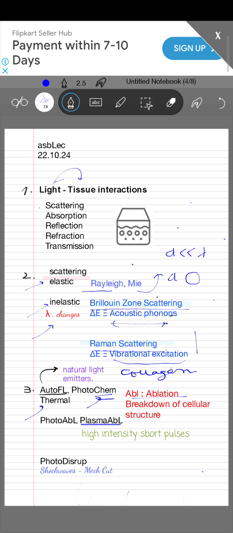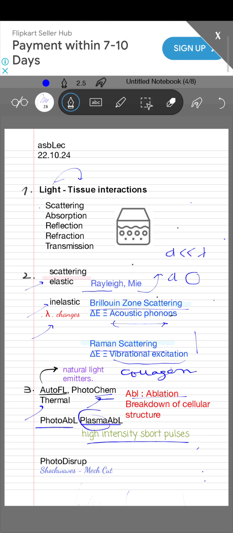Ablation is a term used when the cellular structure breaks down. We can have two different types of ablation. One is photoablation, where the light is directly involved in breaking the cell structure, and the other one is called plasma ablation, where due to high intensity short pulses of light, there is a creation of plasma.